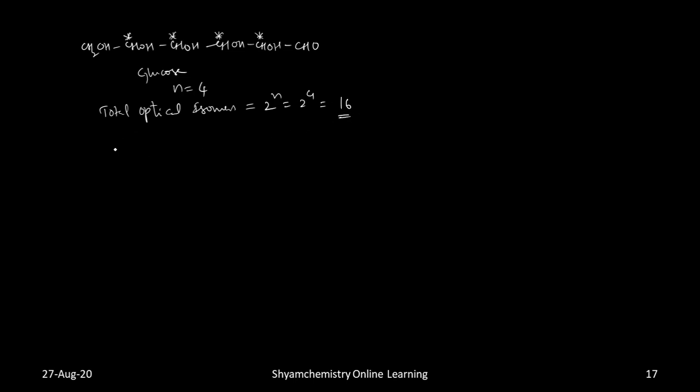Okay, right. So by this formula 2 to the power of n, we can calculate the number of possible isomers. It is the first type of calculation. Then coming to the second type of calculation.